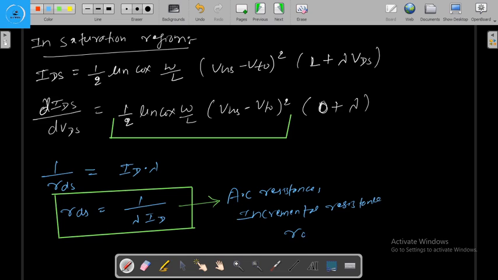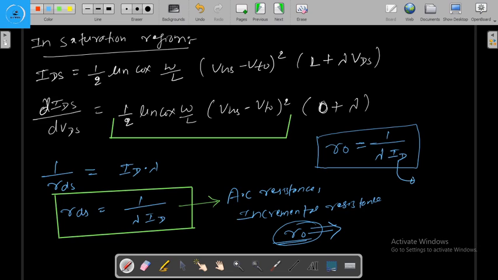It will be denoted as R0. So we have seen here the R0 will be equal to, we can also say that this output resistance will be equal to 1 divided by λ ID, and this ID will be without channel length modulation.